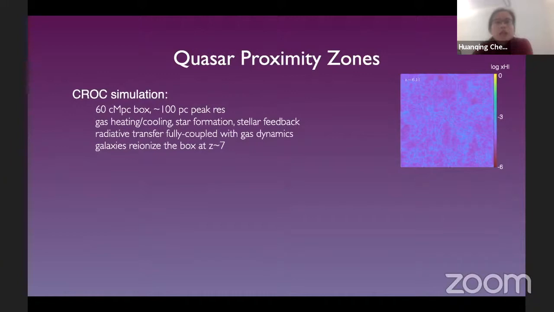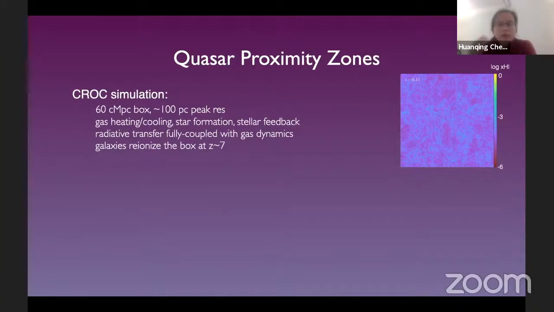We resolve the galaxies, and the simulation includes the relevant physics of gas heating and cooling, star formation, stellar feedback, as well as radiative transfer. In the full simulation, galaxies are the main reionization source, and the whole box reionizes at around redshift 7.